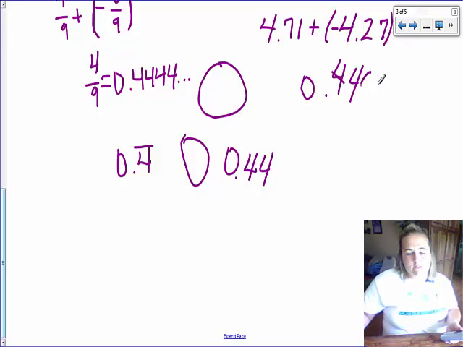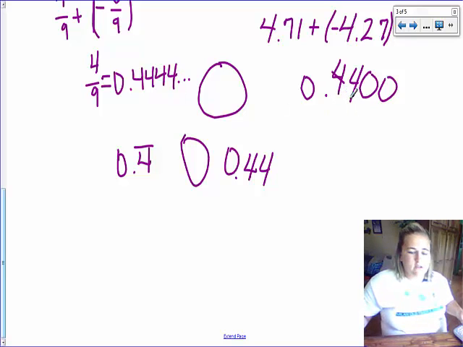So it'll be a 0 and a 0, so that it doesn't change the place value. And of these two, if I ignored the fact that it's a decimal, this would be 4,444, where this would be 4,400. So the greater of the two is the 4/9. So we would say that 4/9 is greater than 0.44 or 0.4400.